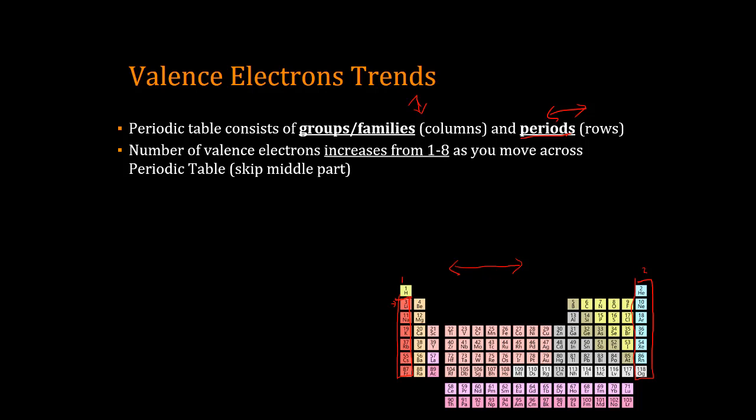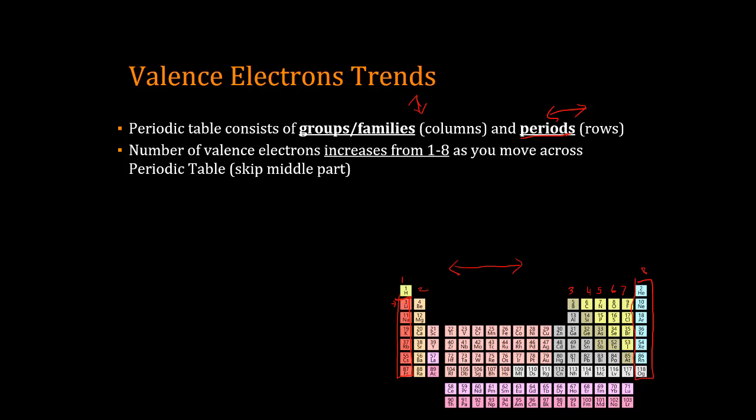And so it's 1 valence electron, and then 2, and then 3, and then 4, and then 5, and then 6, and then 7, and then 8. And then we start over on another row, and that repeats itself again because now we've bumped up into the 3rd energy level. And so we have 1 and 2 and 3, and that's why it's called periodic.